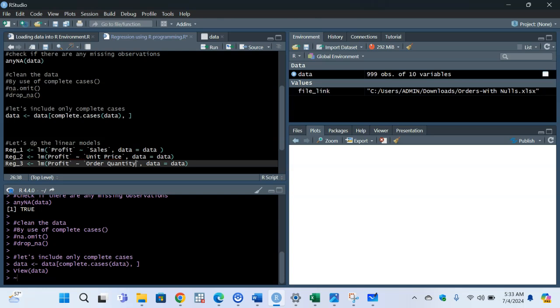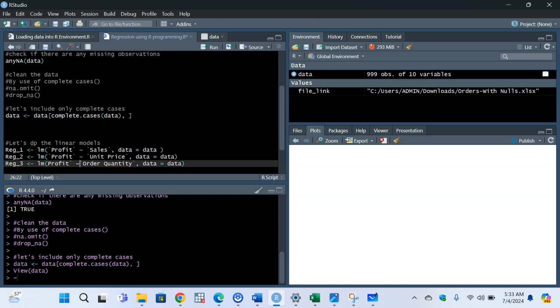Yeah. So these are the 3 models. Let me see. Okay, supposed to be there. Then profit. Yeah. So I think that this should be the case.